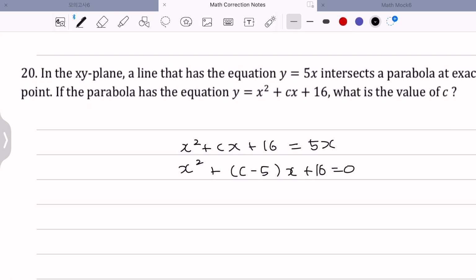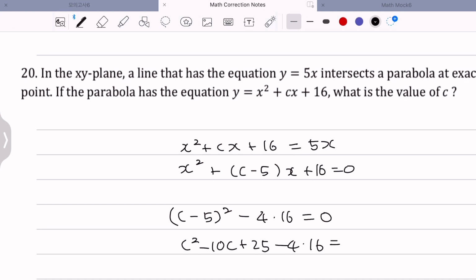And since this graph has only one solution, (c minus 5) squared minus 4 times 16 would be 0. So c squared minus 10c plus 25 minus 4 times 16 would be 0, which means c squared minus 10c minus 39 is 0.